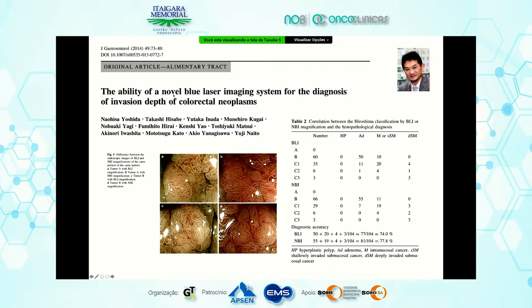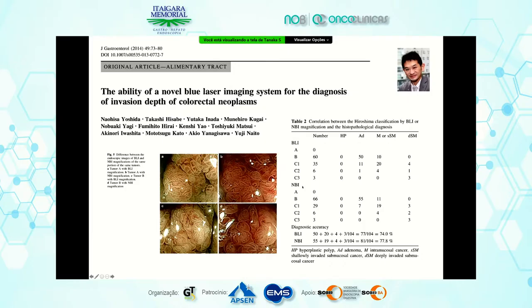He proved that NBI and BLI show the same diagnostic ability. Using the Hiroshima classification, he proved the same diagnostic ability of BLI and NBI.